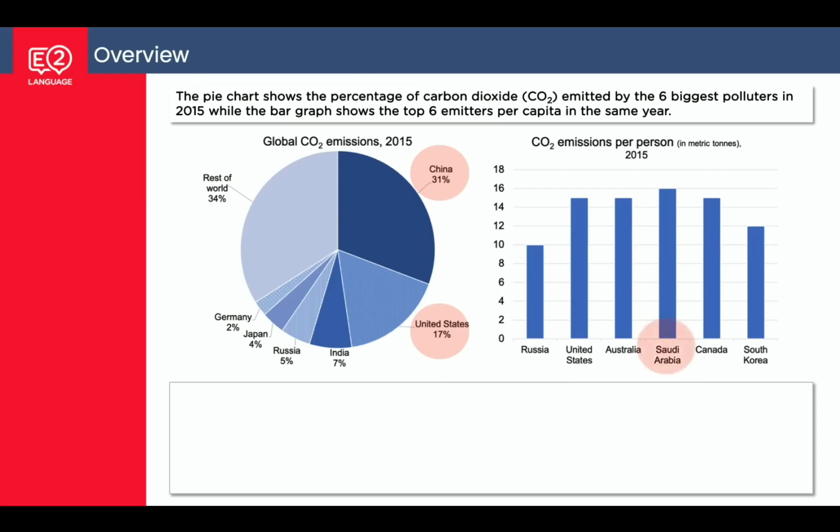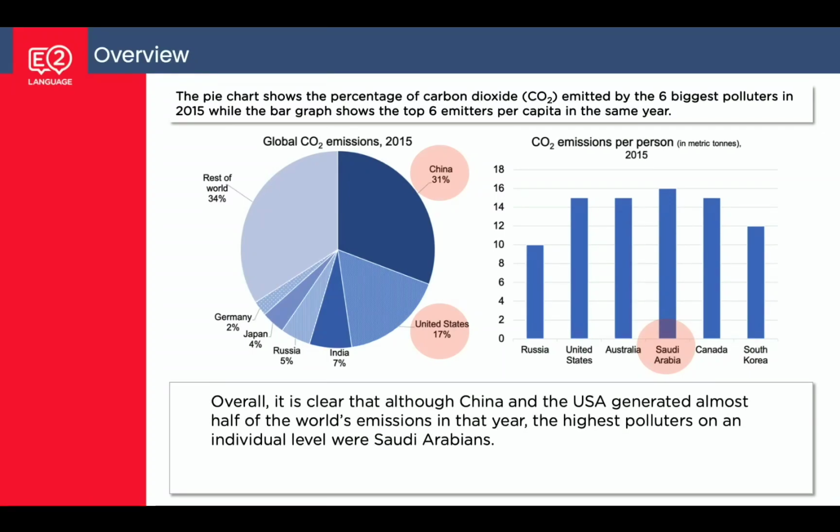On the other side, Saudi Arabia produced the most per person. So I'm going to put this into one sentence. Overall, it is clear that although China and the USA generated almost half the world's emissions in that year, the highest polluters on an individual level were Saudi Arabians.